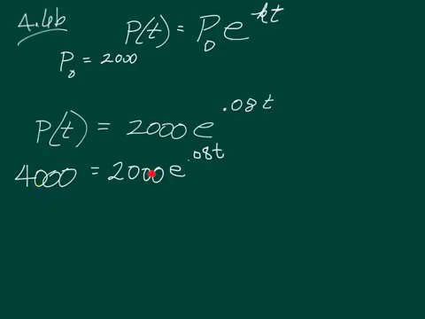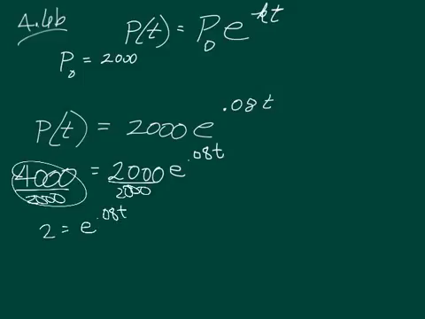So again, we divide both sides by 2,000, and if you remember from the last one when we did a doubling, our answer is always a 2 right there. So we get 2 equals e to the 0.08 t, and then we take the ln of both sides. ln of 2 equals ln of e to the 0.08 t, and if you remember, when you have ln of e, this goes away, so we just have ln of 2 equals 0.08 t.